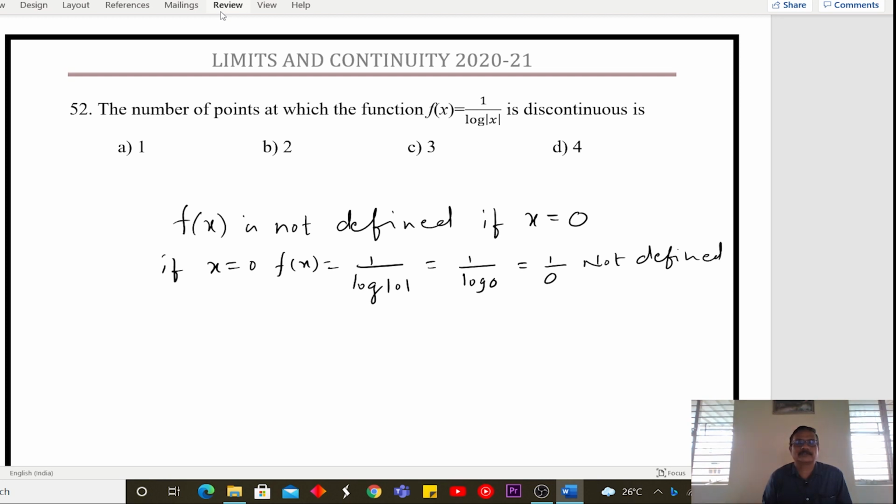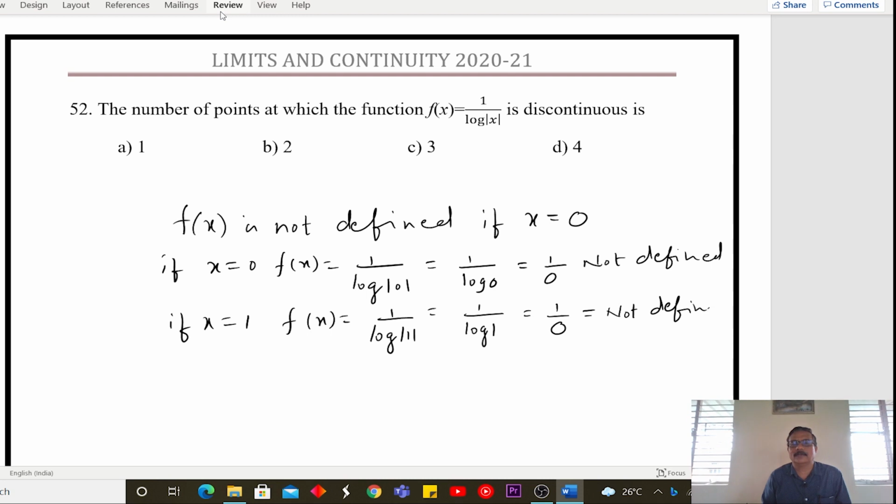Now see which other x value can come. If you take x is equal to 1 and substitute, f of x is equal to 1 divided by log mod 1, that is 1 by log 1, which is 0. So again 1 by 0 is not defined.